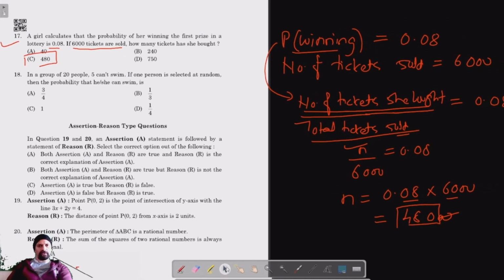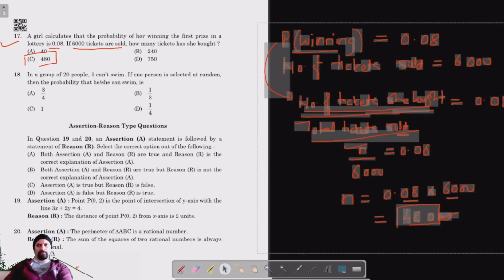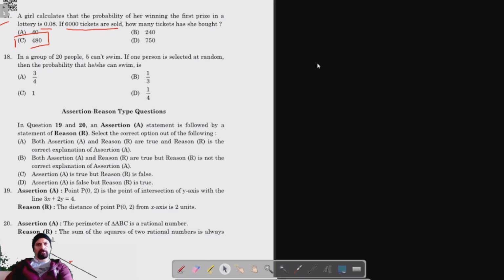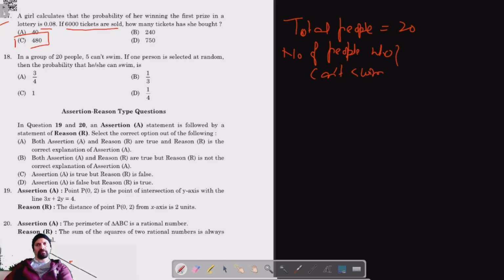And for question number 18, we have to find, in a group of 20 people, 5 can swim. So total people are 20, and number of people who can swim are 5. Number of people who can't swim are 5.